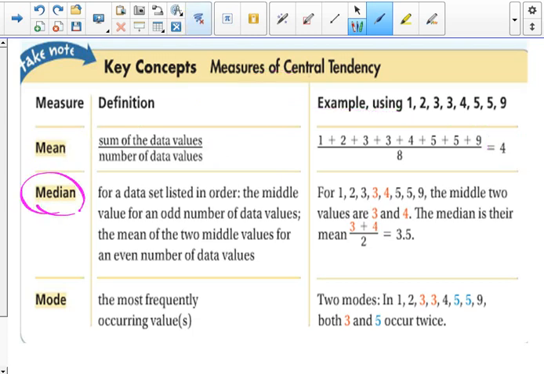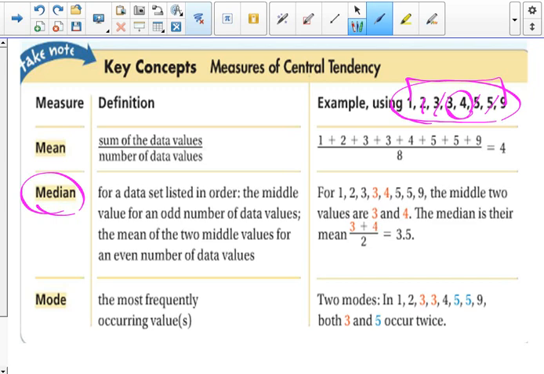Okay, median is the next measure of central tendency. So it's put everything in order from least to greatest and then start knocking out each end. Keep moving inwards till you get to the absolute center. Well, here I had an even number of items, so my absolute center is 3 and 4.